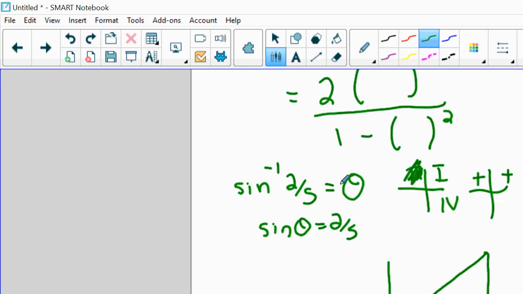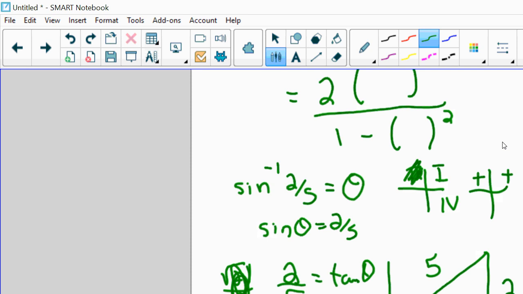You say so: 25 minus 4, square root of 21. Tangent is 2 over the square root of 21, which is 2 radical 21 over 21.